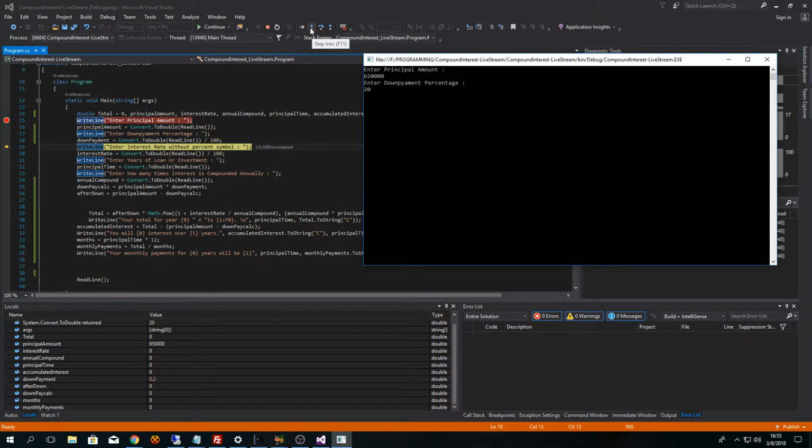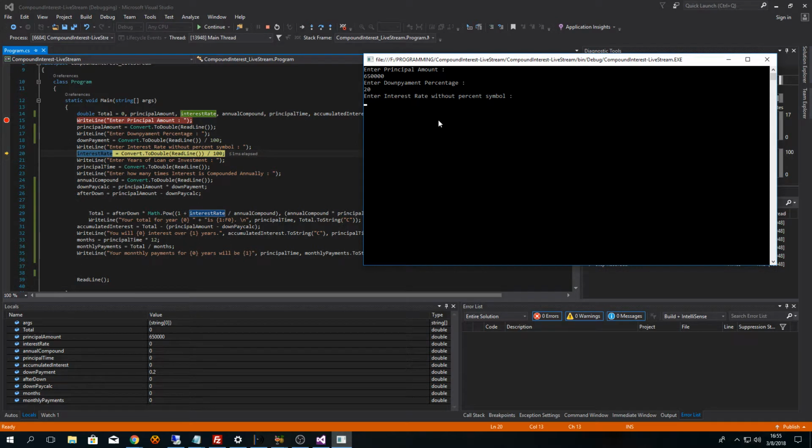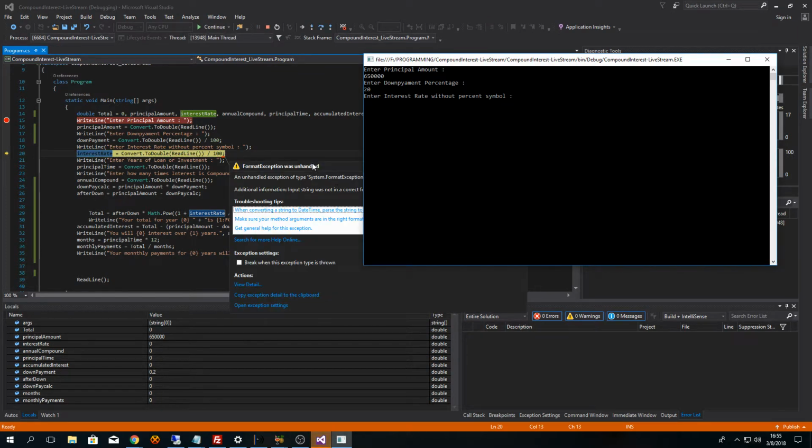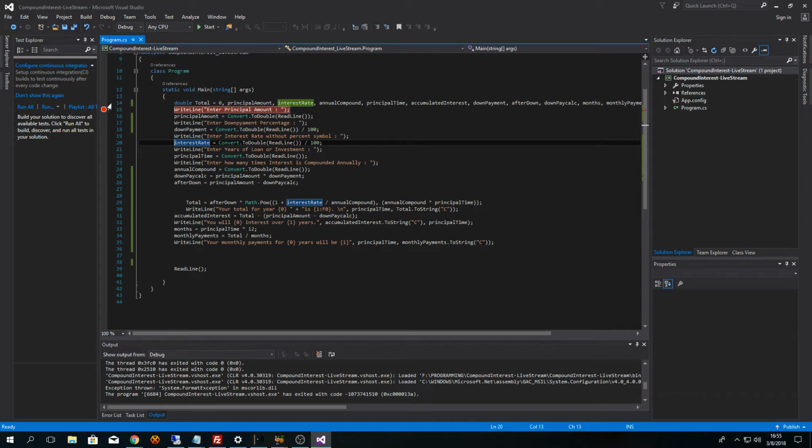Then we'll step into again. Now it's asking us for our interest rate, 4.25. Step into again. And apparently we have a handle error, which I don't understand because it's been working fine throughout this whole process. So let's try this without that.